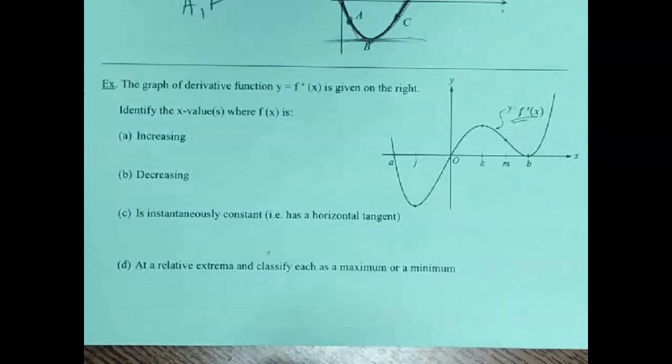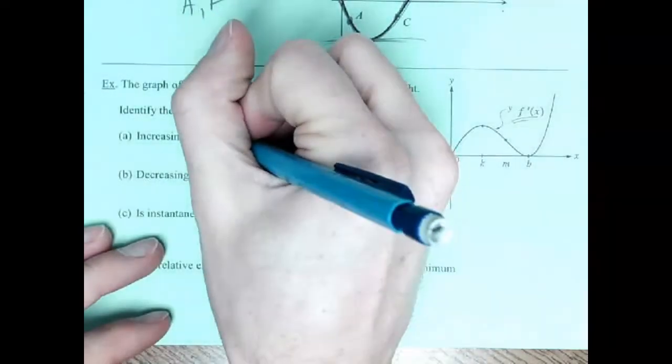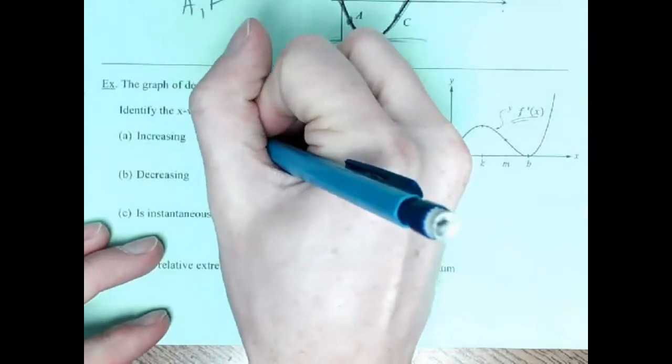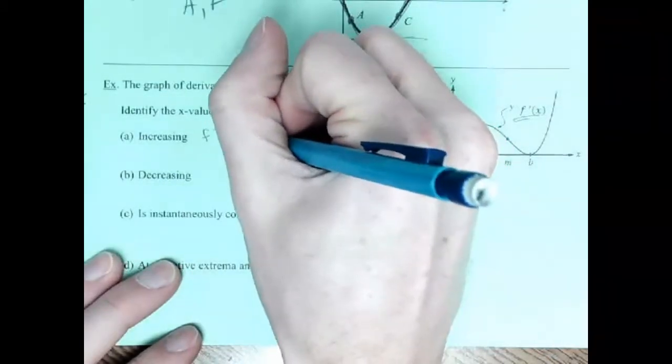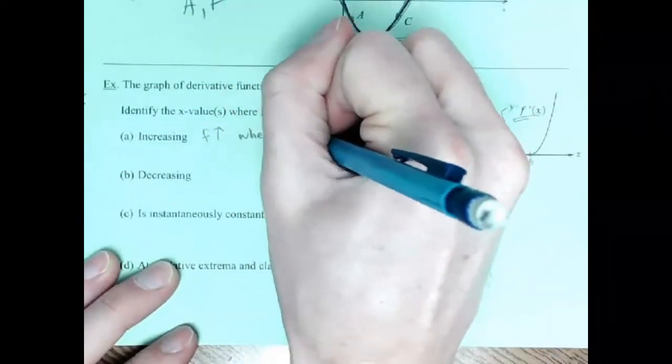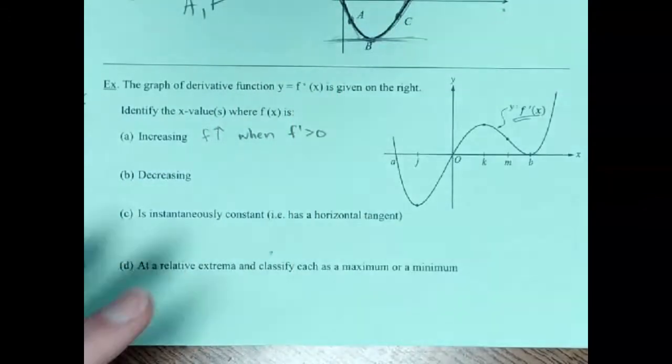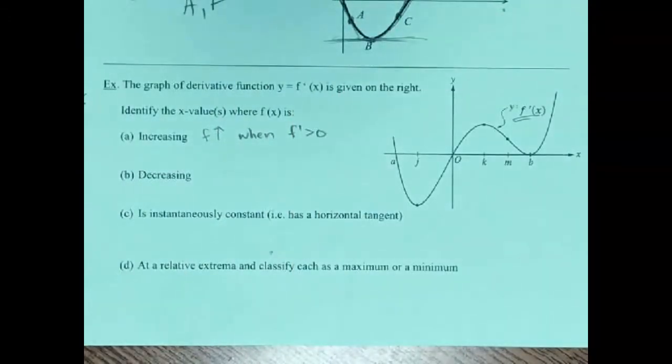Let's do increasing first. Check it out. If I want f to be increasing, increasing means going up. Going up means the slope is positive. If I want the slope of f to be positive, that means the derivative is positive. The derivative is the slope of the original function.